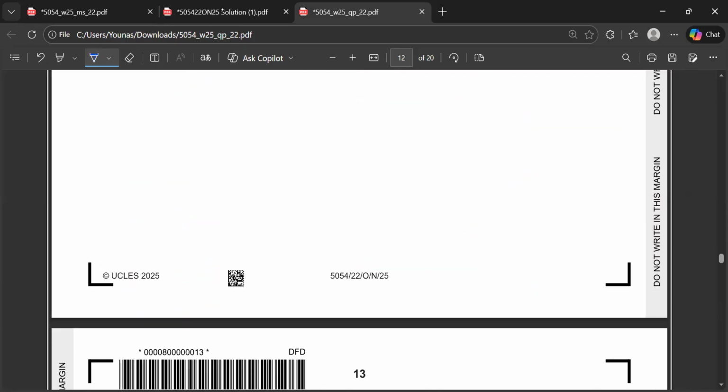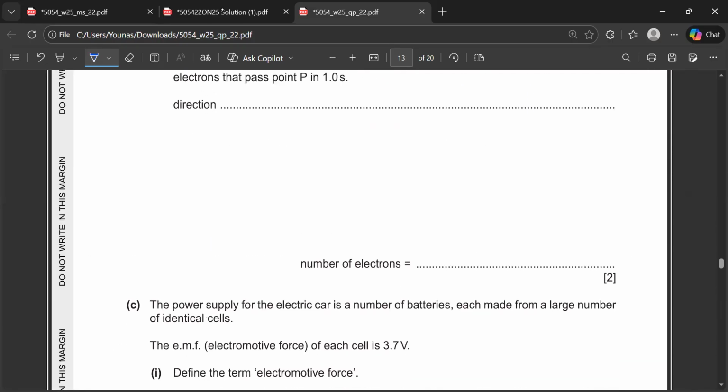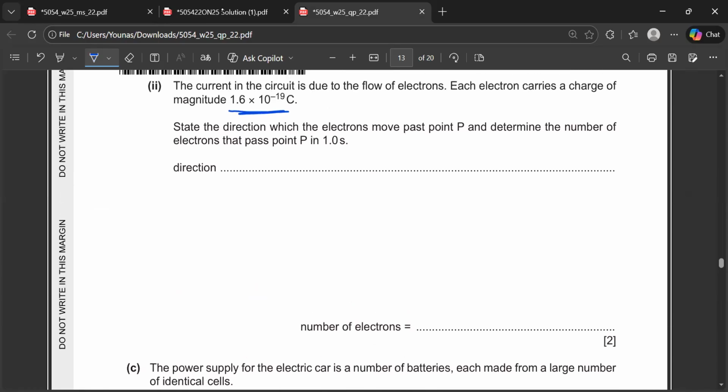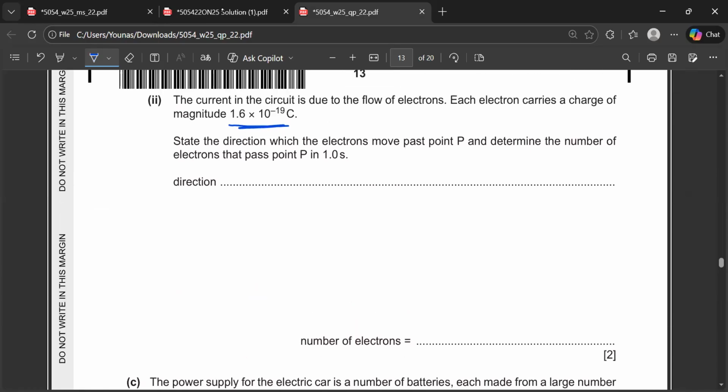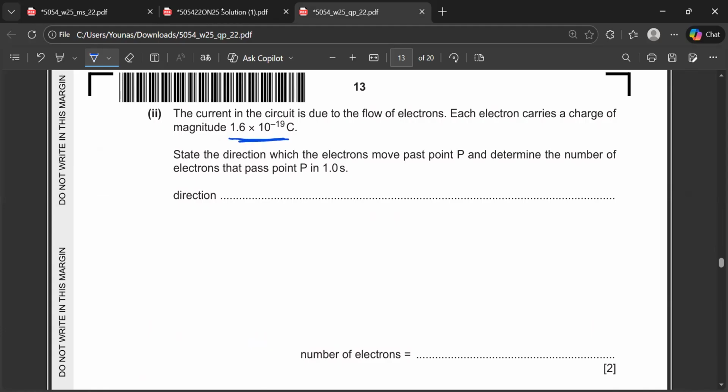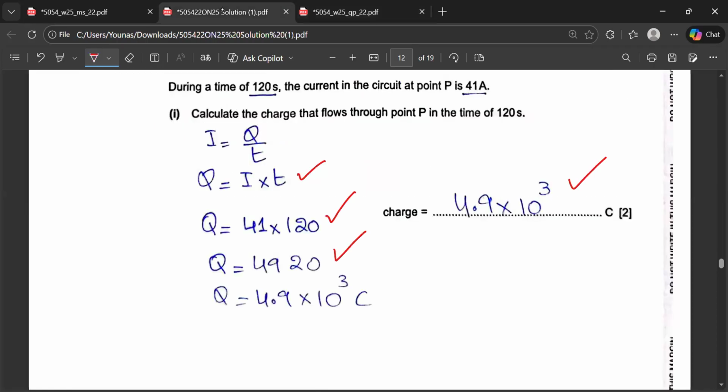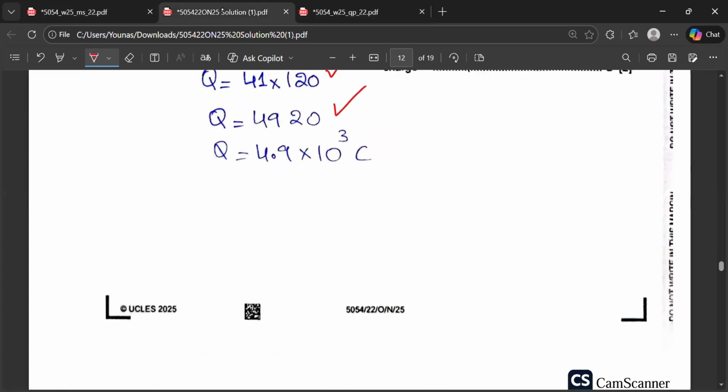The electron flow at the point P is going from the negative terminal of the battery towards the positive terminal of the battery. So this will be the direction, and then their question is how many electrons pass in 1 second. This is a tricky thing. They are saying 1 second. You see, in 120 seconds we just calculated the charge to be 4.9 × 10^3 coulomb.